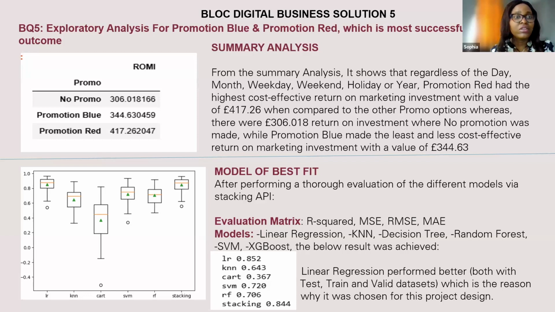They'll be like, oh, so that means promotion red gives us more monetary value. So if you have to recommend, you would tell them, I would prefer you go for promotion red because it gives more return on marketing investment.